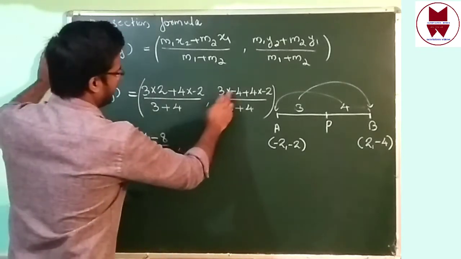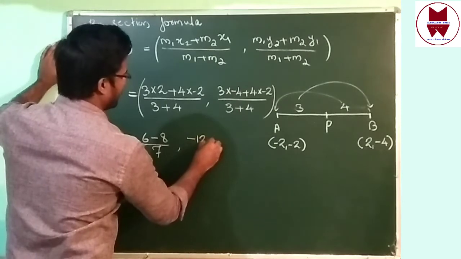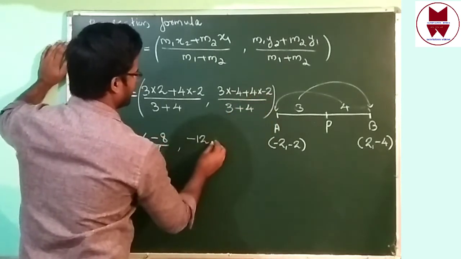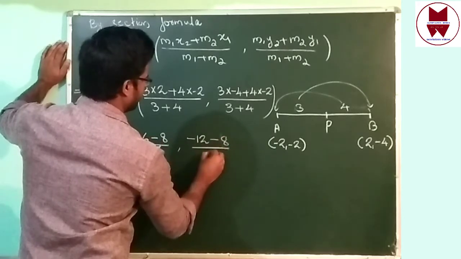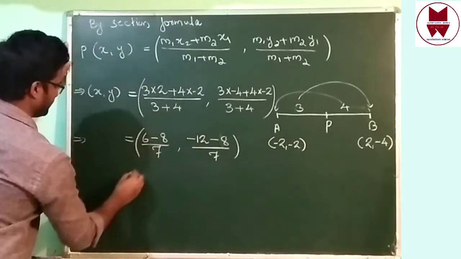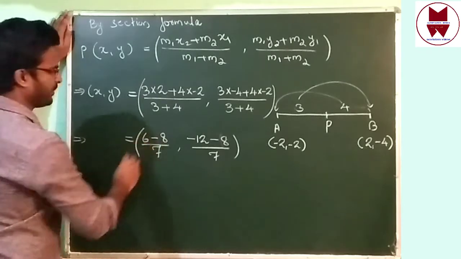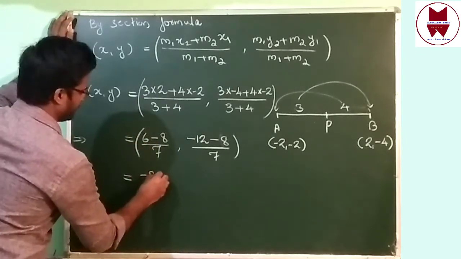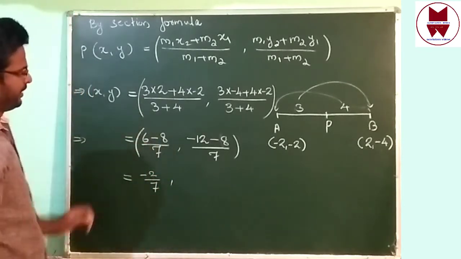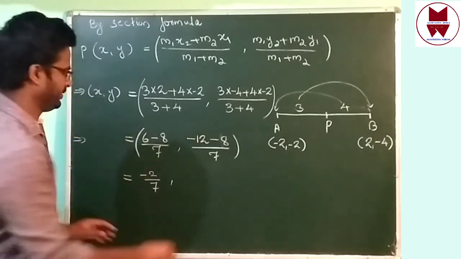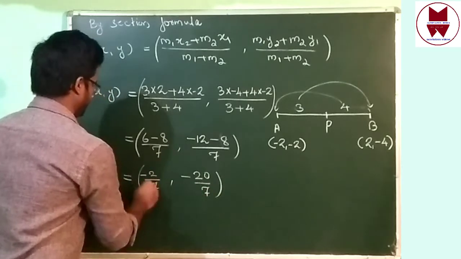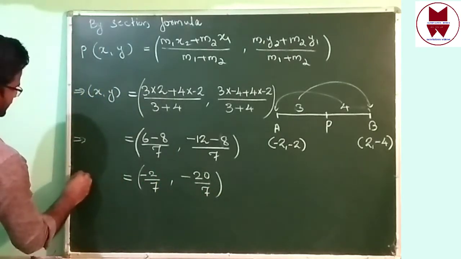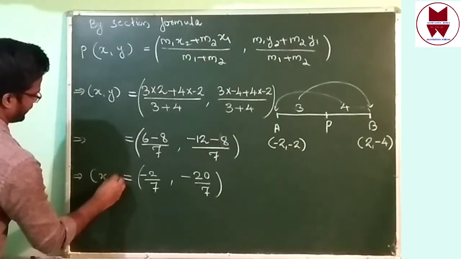Then 3 into minus 4, minus 12, 4 into minus 2, minus 8, divided by 7, equal to 6 minus 8, minus 2 by 7, then minus 12 minus 8, you will get minus 20 by 7. This is our required point x, y.